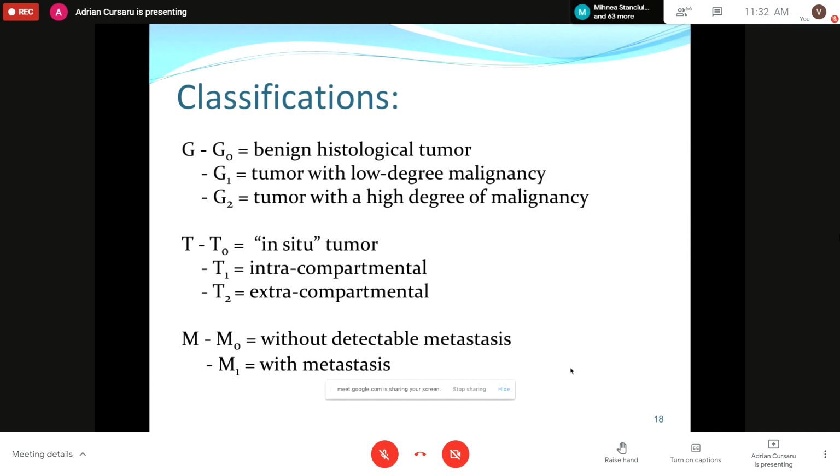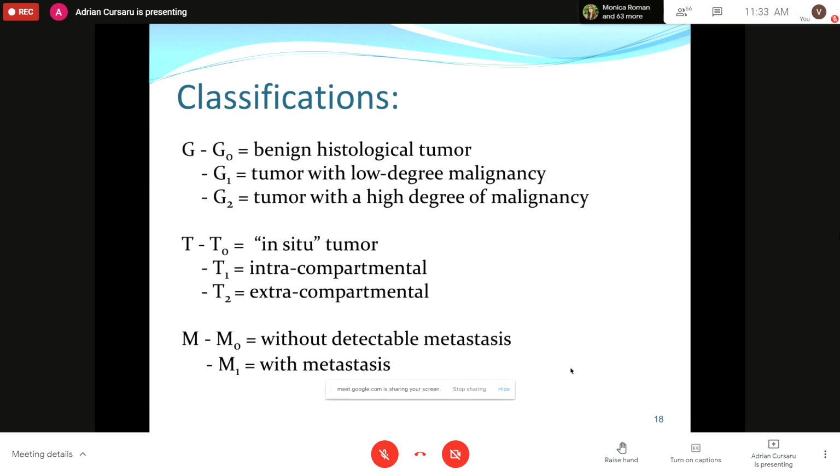What does T mean? T0 means in situ tumor. It is a small tumor, but between type 1 and type 2 there is a big difference regarding the evolution of our patients, because in type 1 we have an intracompartmental tumor, but in type 2 we are discussing the extracompartmental one.